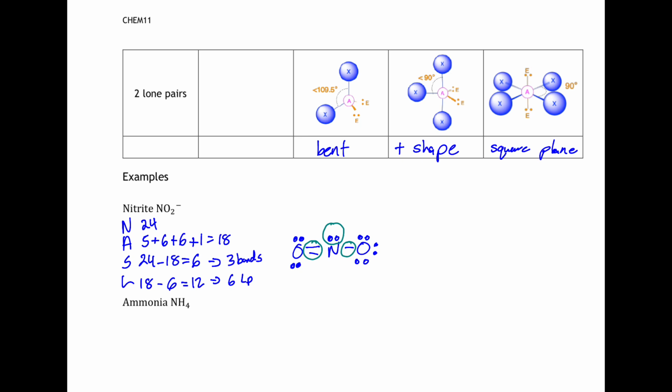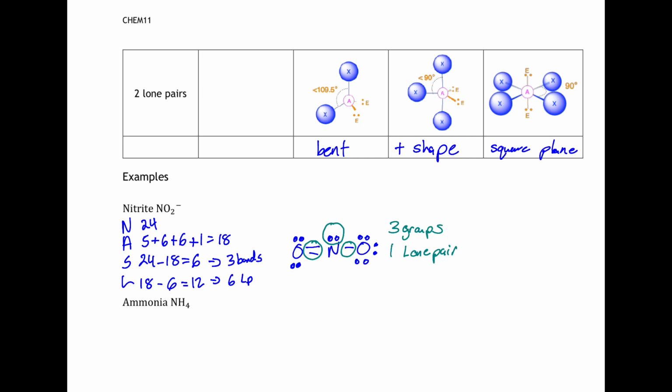So this shape is based on a 3-group base. So if we flip back to the page that has the 3 groups on it, that's our first column, right? So we're looking at 3 groups with 1 lone pair. What shape has 3 groups? I'm going to write it here, 3 groups and 1 lone pair.